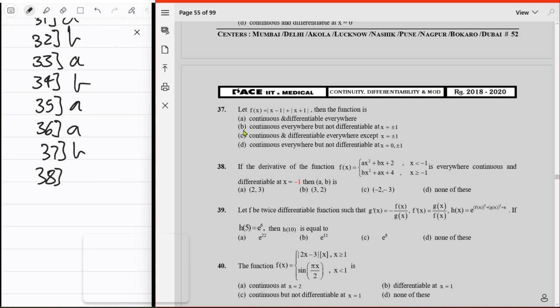38. The derivative of the function is continuous everywhere and differentiable at x equal to negative 1. Then A comma B is. So fine, I'm seeing what's going on, and wait, the derivative is different.